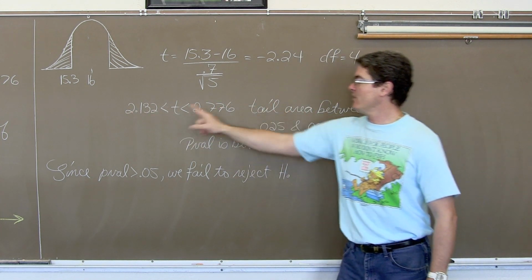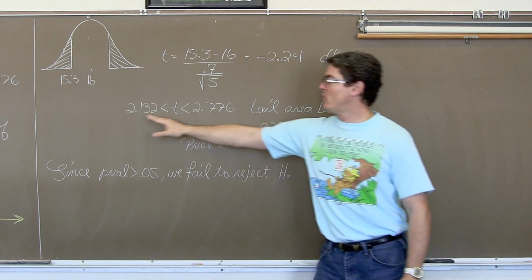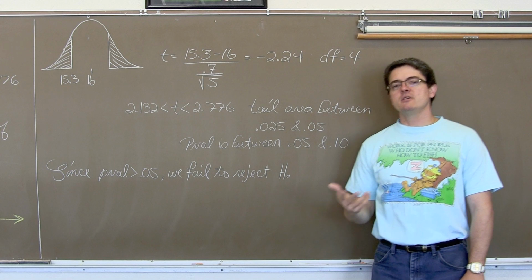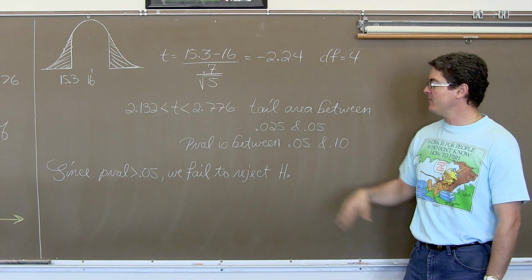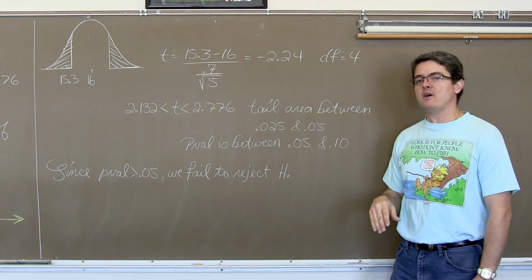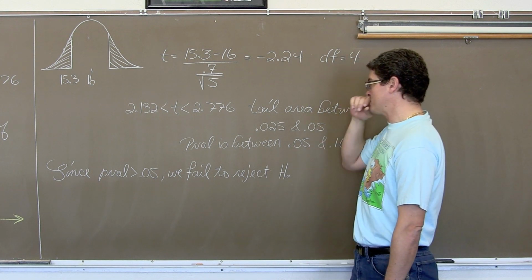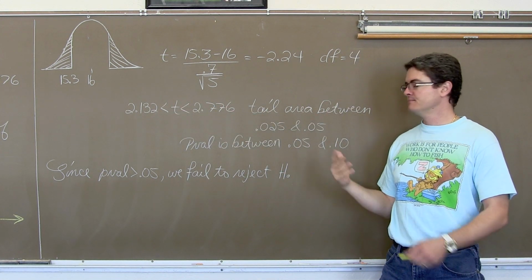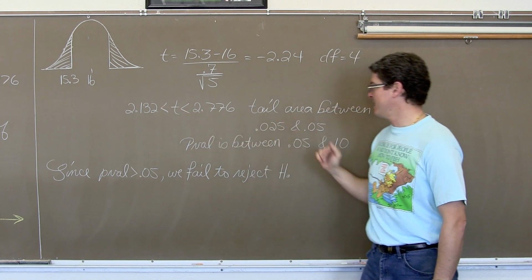Well, the tail area for being 2.13 standard errors away from the mean is 0.05, and the one for 2.78 would be 0.025.